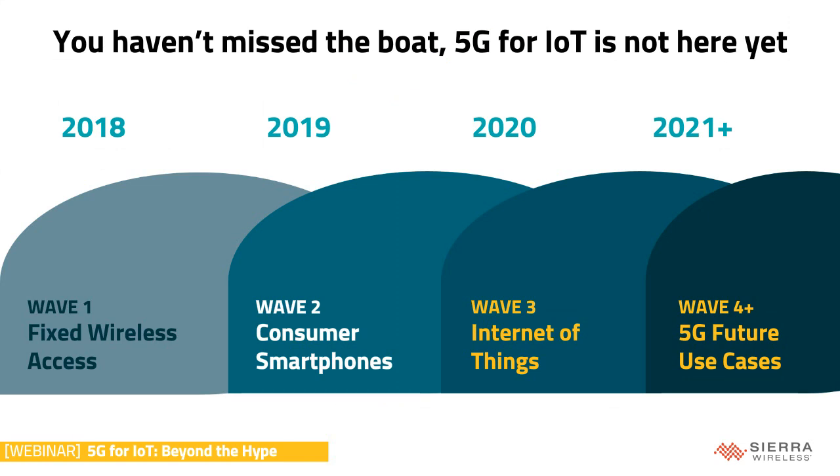yes, 5G is here today, but we do see it deploying in waves over time. The wave one, which really got kicked off in the second half of last year, and where we see a lot of activity today, this is really focused around the enhanced mobile broadband category, particularly with fixed wireless access deployments.